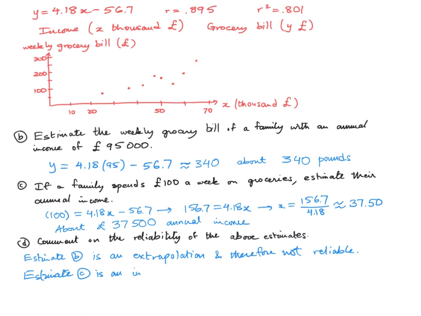So it's an interpolation. And the correlation is strong. Remember, just because it's an interpolation doesn't mean that the line is giving us meaningful information. But if R is 0.895, that's pretty strong. So it is pretty reliable.